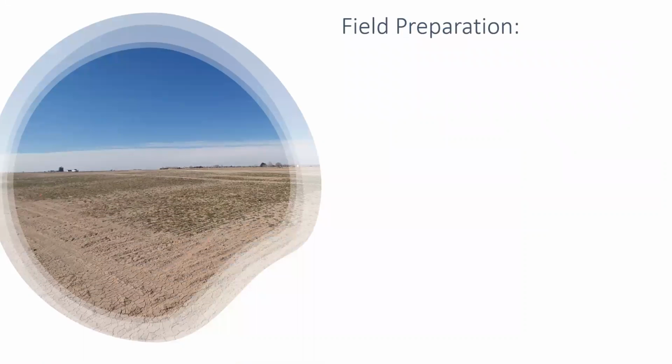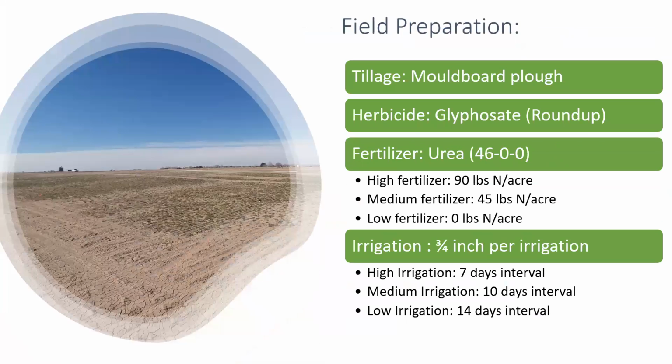For field preparation, we performed tillage using a Mouldboard plough. After that, we applied glyphosate, commonly known as Roundup, as a broad spectrum herbicide to control weed.